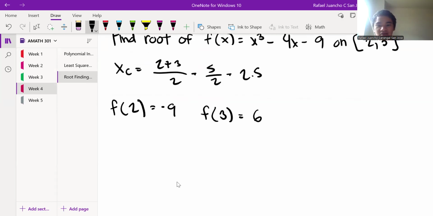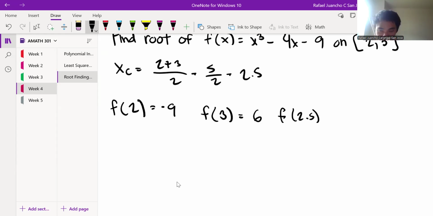And then I plug in my f of 2.5. Let me compute it myself. 2.5 cubed is 15.625, minus 10, minus 9.